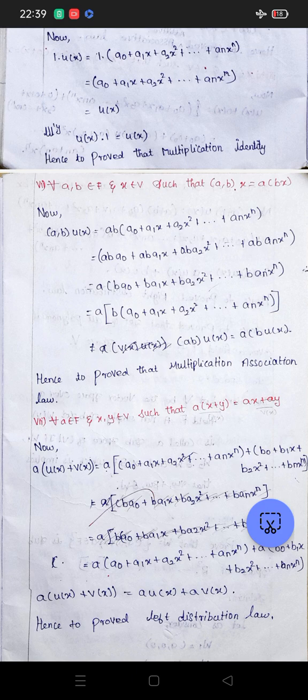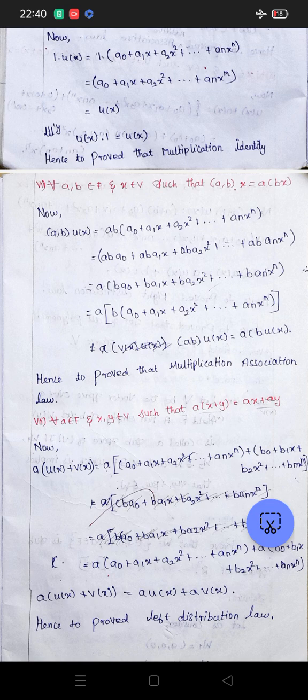So taking the common scalar a outside: a of b a0 plus b a1x plus b a2x square etc., b an x power n. So a scalar is already outside, you can take b also outside. So a of b of a0 plus a1x plus a2x square plus an x power n, you can write a of b u(x). So hence to prove that multiplication associative law.